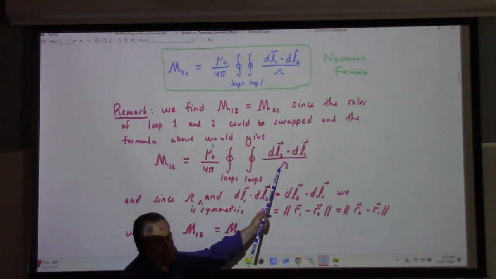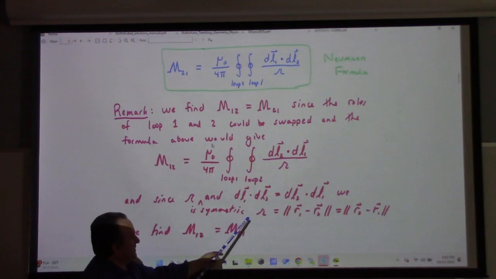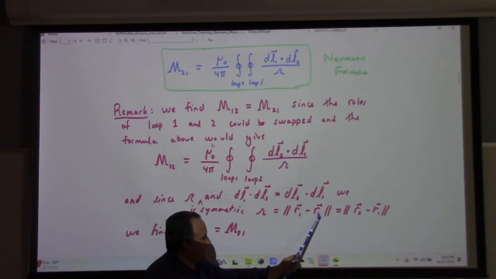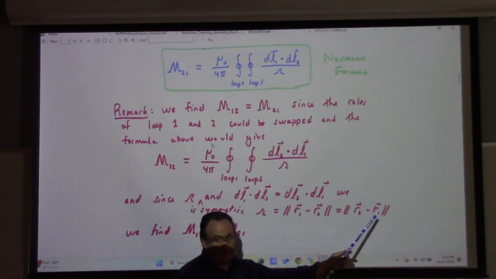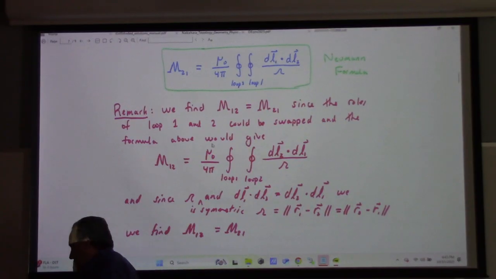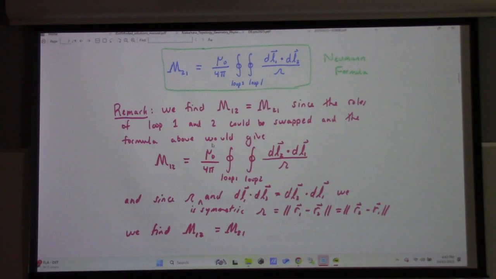I use the same symbol here because it's the distance between the 1 and the second, which is the same as the difference between the second and the 1. So it's the same separation formula. And because we can flip the order of integration, that proves that the mutual inductance is defined without respect to which loop comes first.